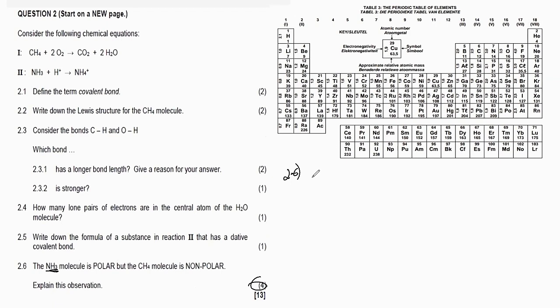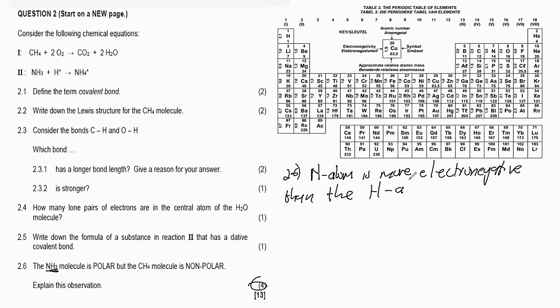So with the NH3, we're going to say the nitrogen atom is more electronegative than the H atom, right?